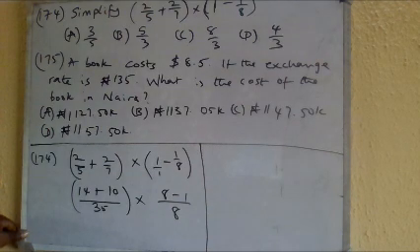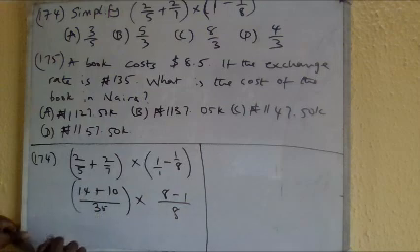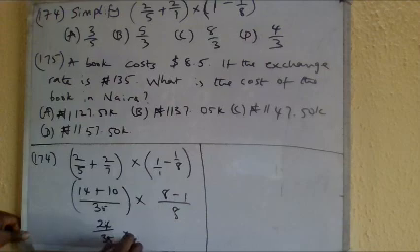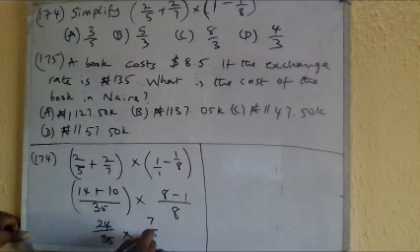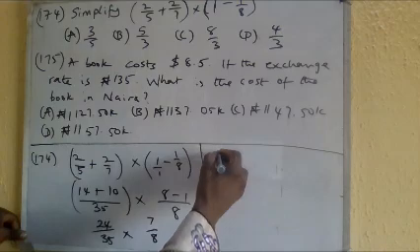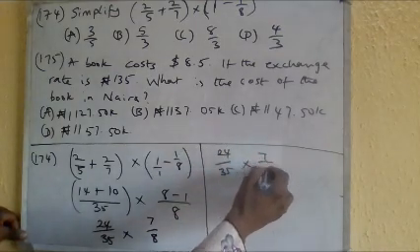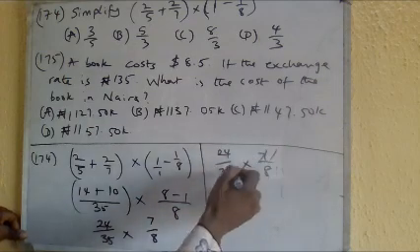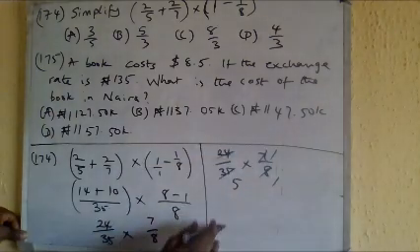Okay, so I can do this addition. 14 plus 10 is 24 over 35, times 7, since 8 minus 1 is 7 over 8. So I can do my cancellation. 24 over 35 times 7 over 8. 7 here 1, 7 here 5. 8 here 1, 8 into 24 is 3.